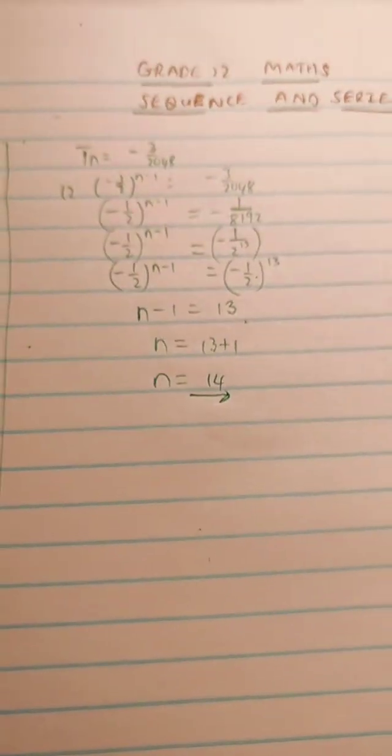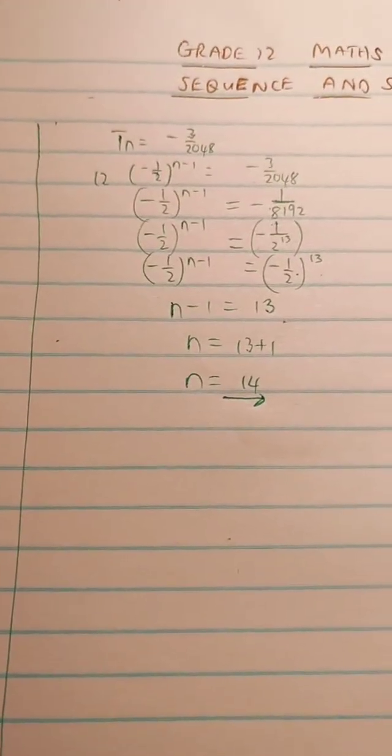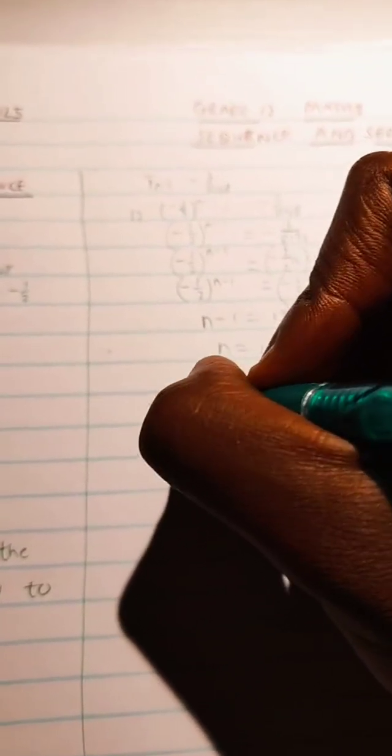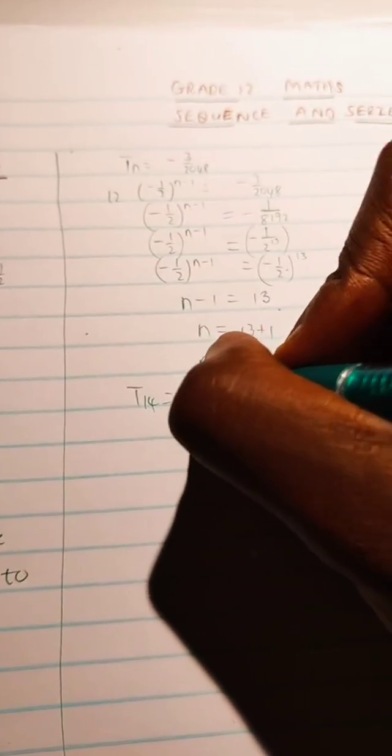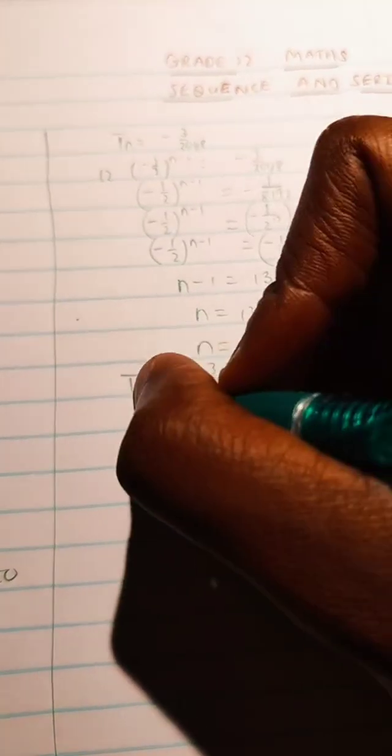We can drop the base and we can equate the exponents. So n is equal to what? 14. So it is the 14th term, guys. So the 14th term is actually equal to negative 3 over 2048. It is the 14th term.